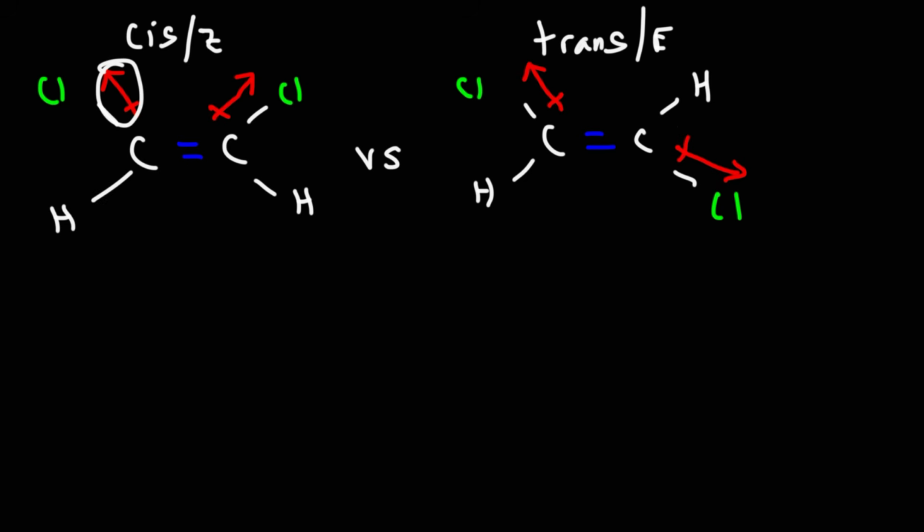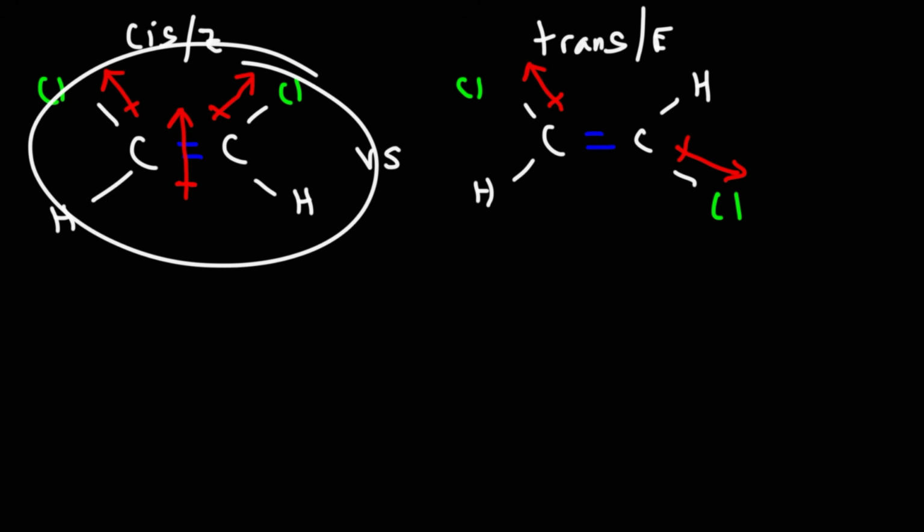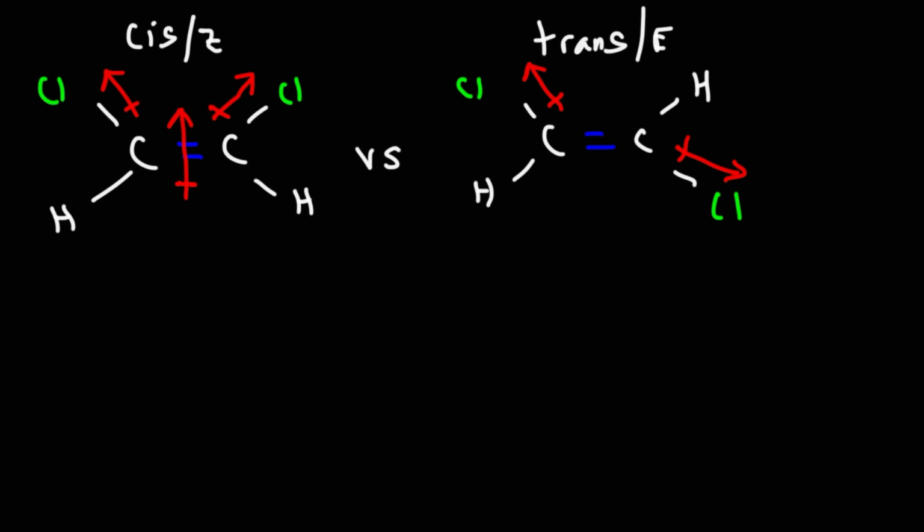These two dipole moments are additive. So we have a net dipole moment going in a positive y direction. So because the cis isomer has a higher dipole moment than this particular trans isomer, the cis isomer is going to have a higher boiling point because it's going to have more intermolecular forces operating on it.